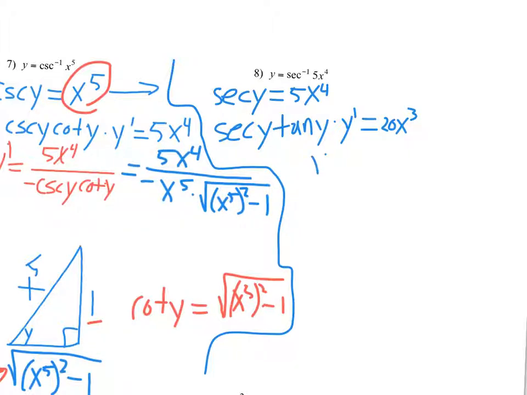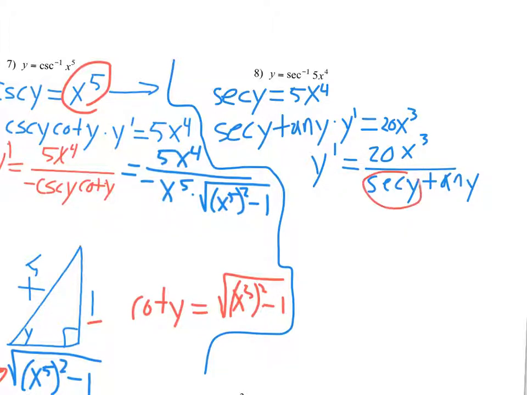Y prime by itself, we get 20x to the 3rd divided by secant of y tangent of y. We already have secant of y from the beginning. We need tangent of y, and to do that, we're going to make a triangle.